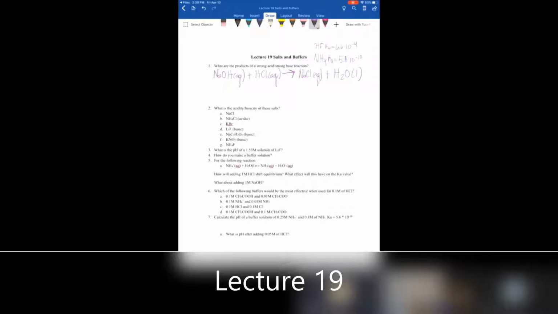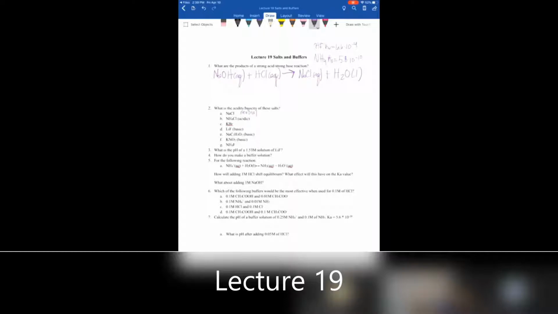But NaCl, what pH would it be if I dissolved it in water? Well, it's neutral, so it'd be close to 7, right? Yep. So this one here is neutral.